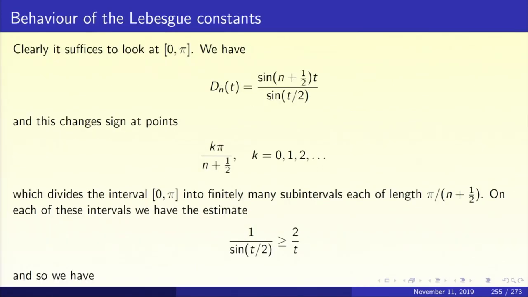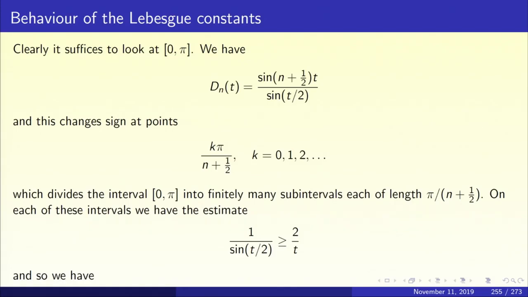So now, because dn is an even function, it clearly suffices to look at the integral from 0 to pi. Here you see the explicit formula for the Dirichlet kernel. What I had promised, that you will actually see the Dirichlet kernel being displayed in the next few slides, here it is. And where does it change sign? It changes sign at the points k pi by n plus half, k equal to 0, 1, 2, 3. The denominator doesn't change sign at all.